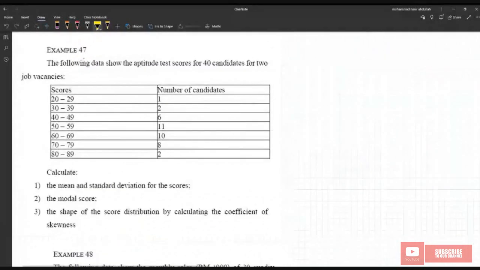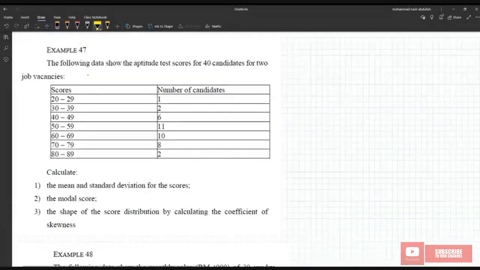Right. So now we move to example number 47. In example number 47, I just don't want to repeat the calculation, so I will give you the answer. The following data show the aptitude test scores for 40 candidates, right? So we have summation of F equal to 40.